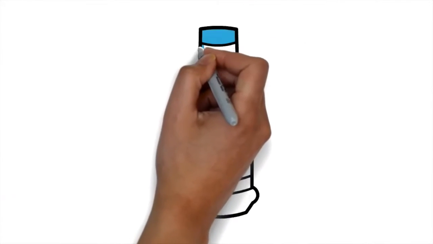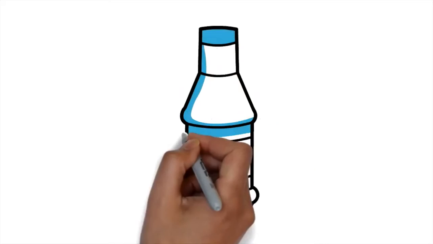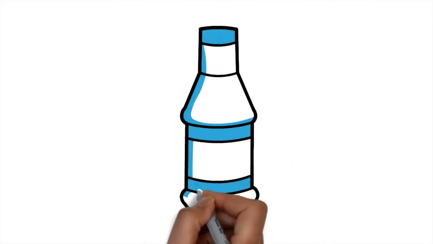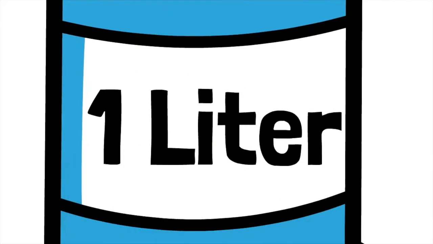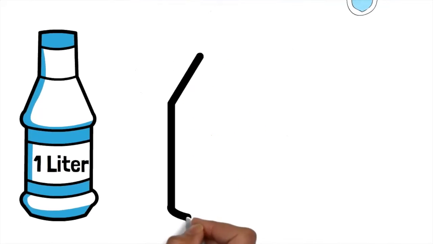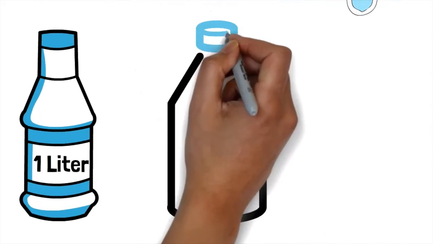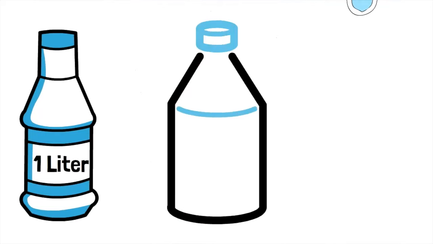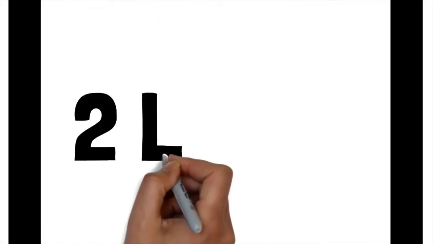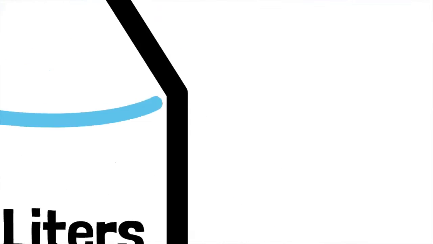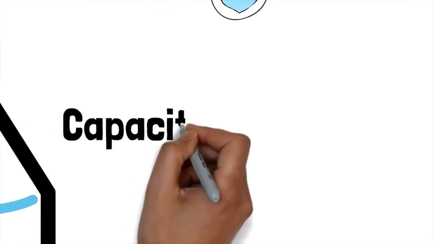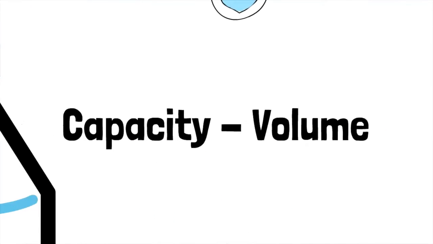Like some bottles say that they have a 1 liter capacity in it, and some are big bottles. They say that they have 2 liters capacity in it. This is how you measure capacity and volume.